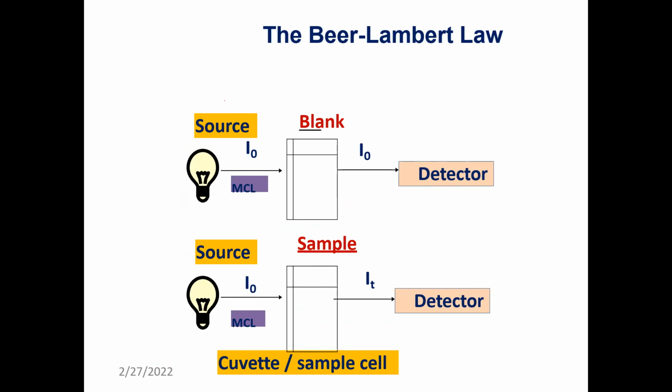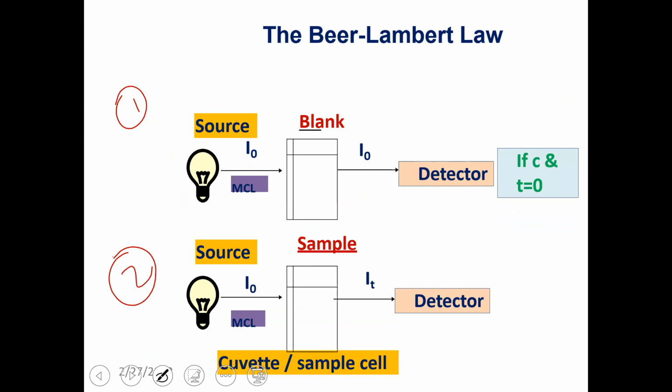Now moving on to the Beer-Lambert's law, let us take two scenarios here. In the first scenario, assume that your concentration and thickness are 0, which means no sample, and the thickness is not incorporated here. In that case, you cannot see any kind of absorption taking place, so whatever incident light comes in comes out as incident light.